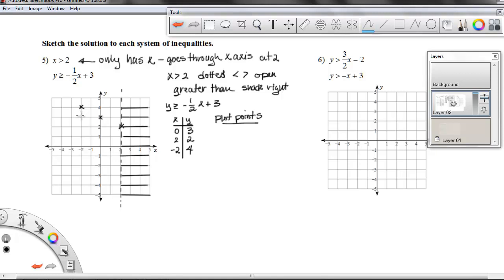There we go. And now the line will be solid. It's greater than or equal to, so it'll be a solid line, meaning that it is closed. And our shading, because it is greater than, will be above the line.